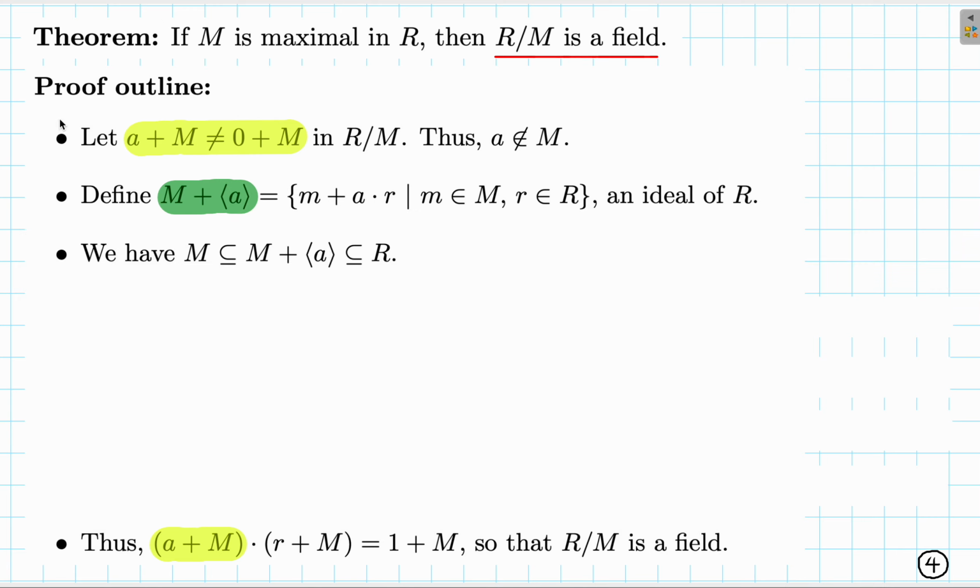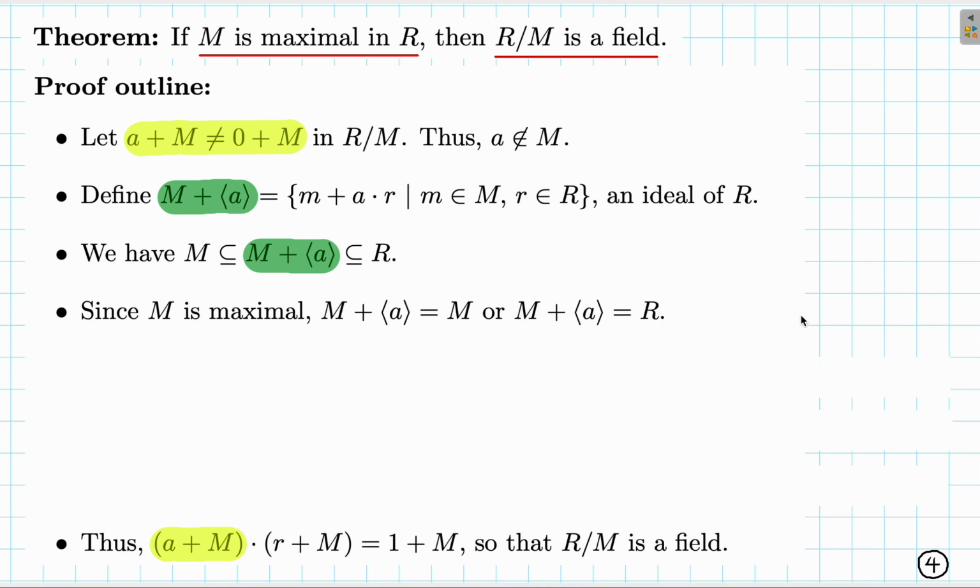And now, as we showed in the classwork, this ideal that we just defined, M plus ⟨A⟩, is sandwiched between our ideal M and the ring R. But our hypothesis says that M is maximal in R. And since our new ideal, M plus ⟨A⟩, is sandwiched between M and R, it must be the case that M plus ⟨A⟩ is equal to one of the endpoints, either M or R. And so that's our next step in the outline.